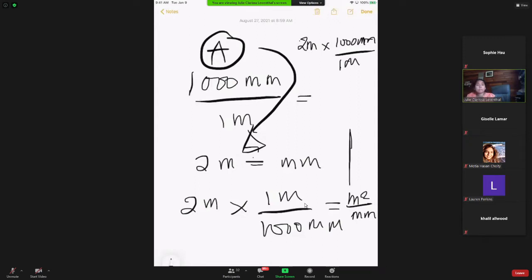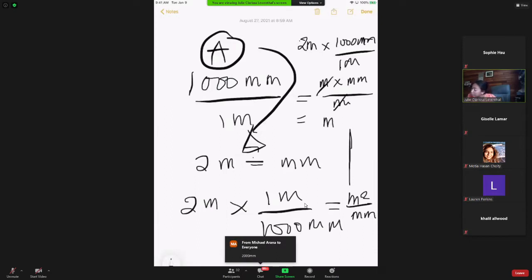What would be your units? You would have meter times millimeter over meter. And this one, meter divided by meter is 1. So you will have a new unit of millimeter.